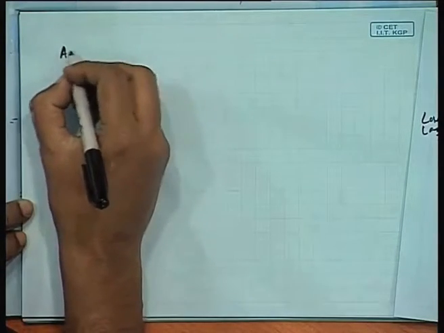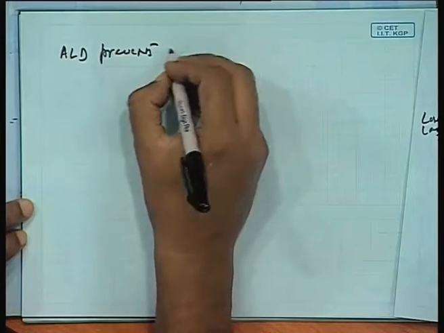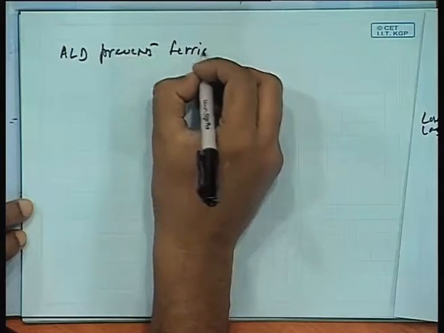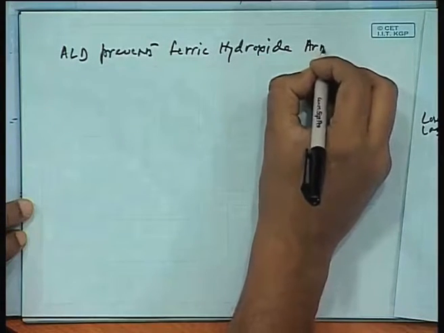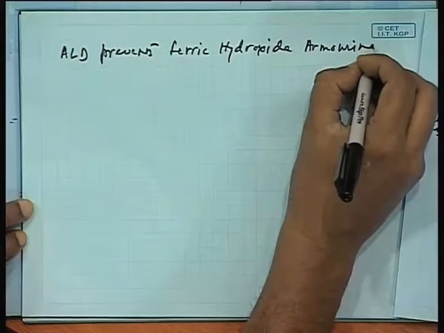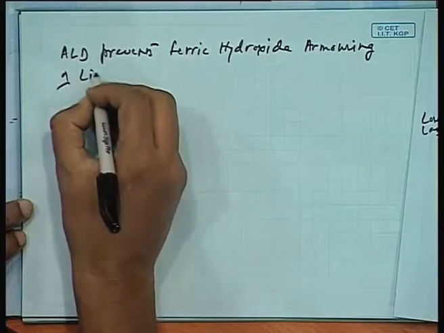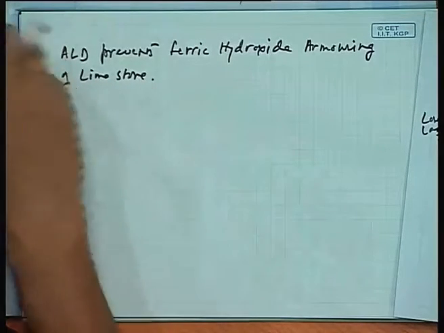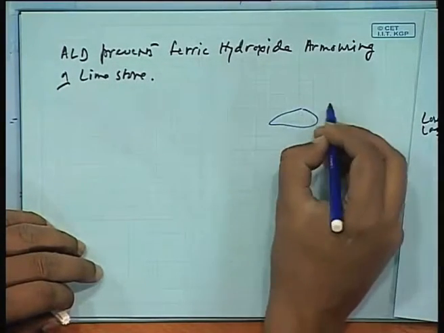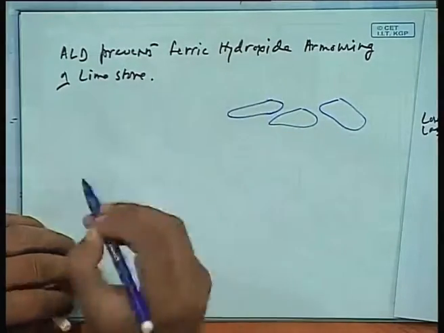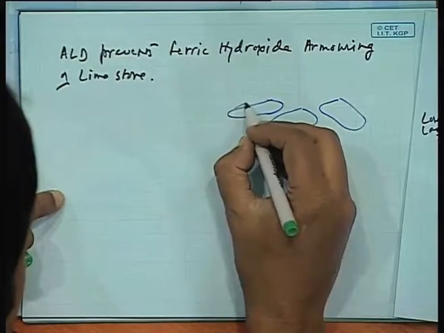So the ALD prevents ferric hydroxide armoring of limestone. This is what armoring is. In all these limestone chips present there, the ferric hydroxide would deposit on top of them.